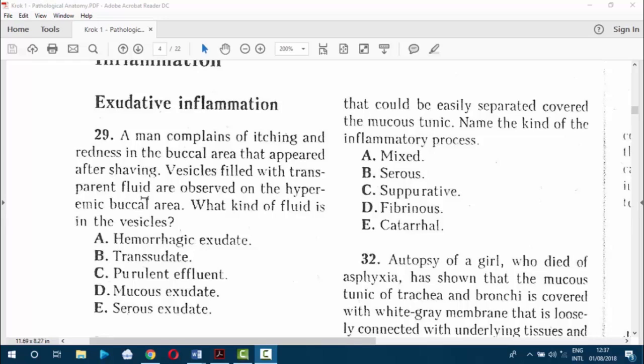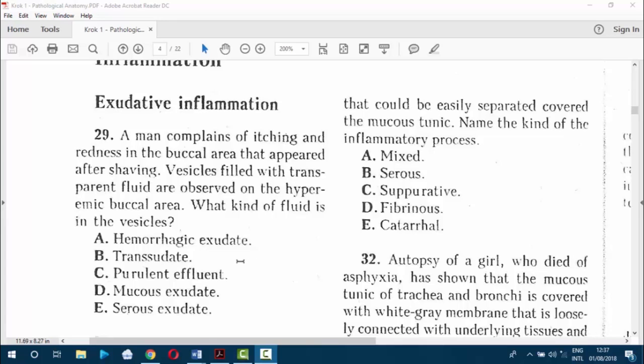Fibrinous exudate is when there is fibrin content of the fluid exudate and can be crupous or diphtheric. Purulent or suppurative exudate is when there is formation of pus in infection with pyogenic bacteria.